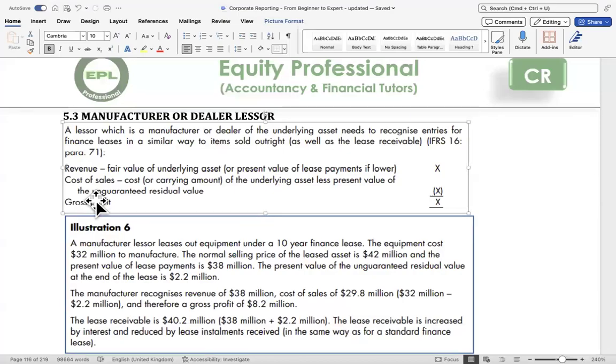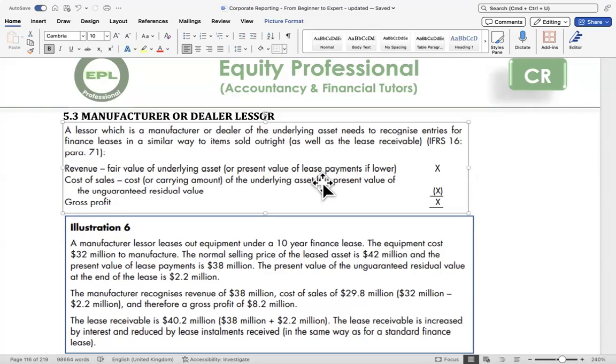And that's the reason why we are lessening present value of unguaranteed residual value from the costs, just so that we would have reflected the entire picture around the lesser recognition of net investment in the lease.